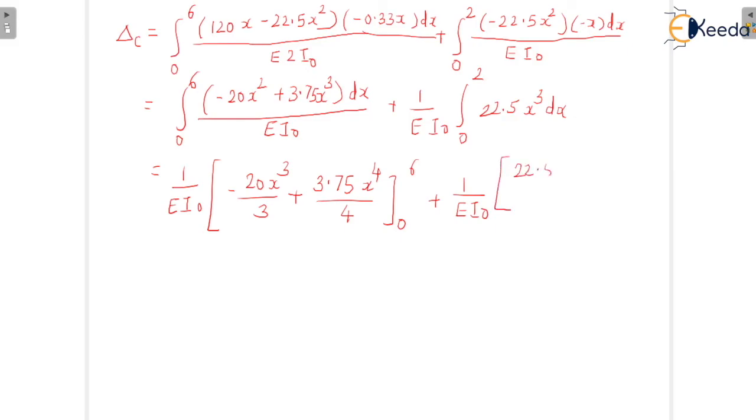Plus 1 by E I0, 22.5 x power 4 by 4, 0 to 2.